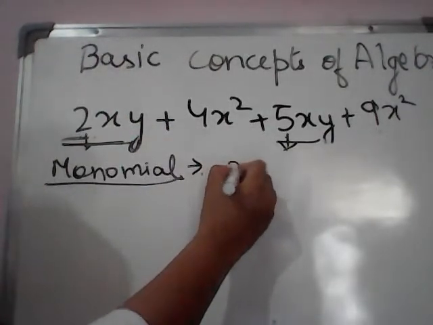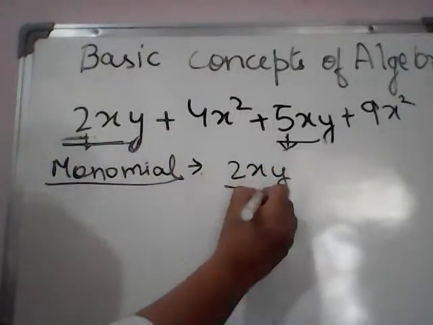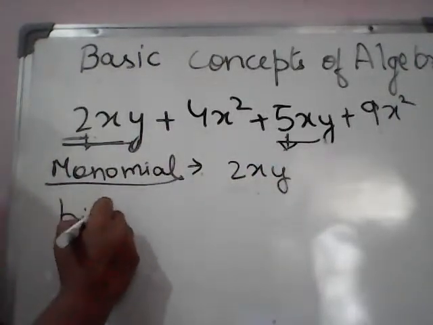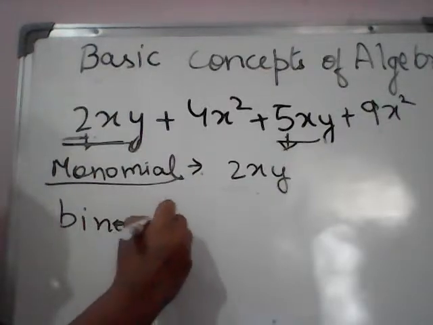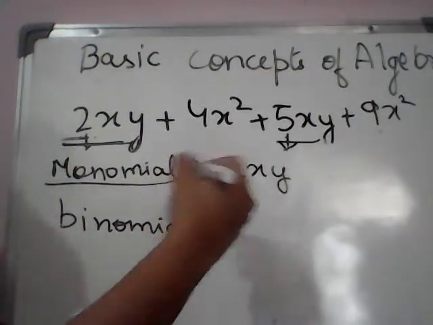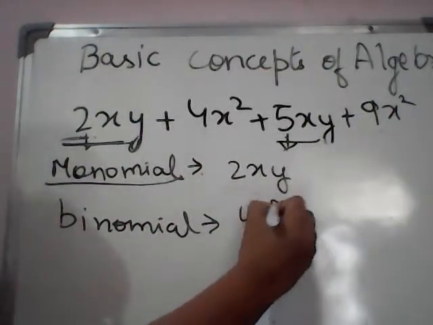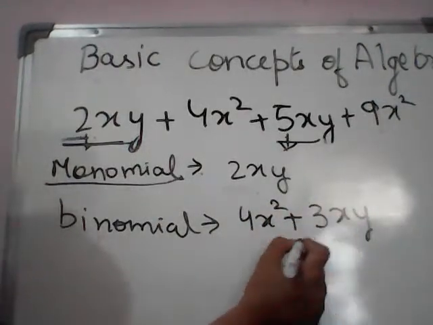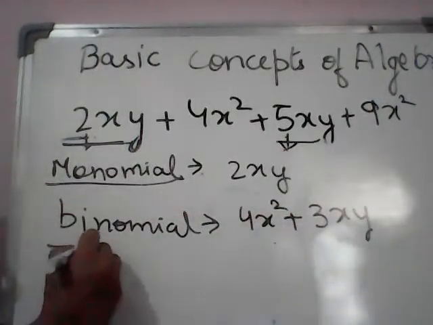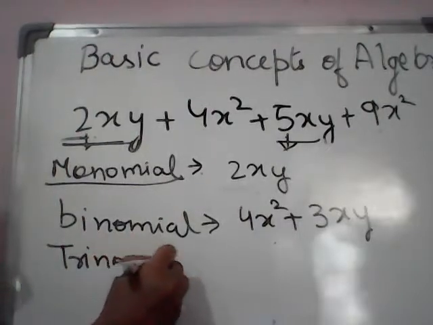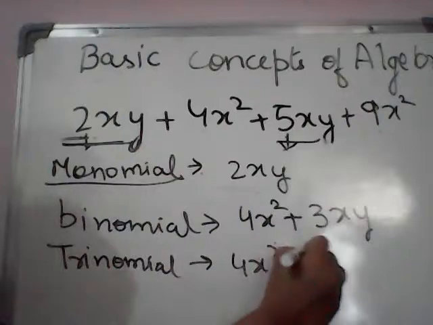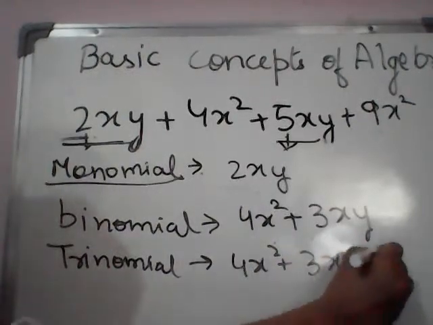Suppose we have the expression 2xy. So this is a monomial. Then we have binomial. A binomial is an expression having 2 terms. Suppose we have 4x square plus 3xy. This is a binomial. A trinomial is having 3 terms, 4x square plus 3xy plus 9.